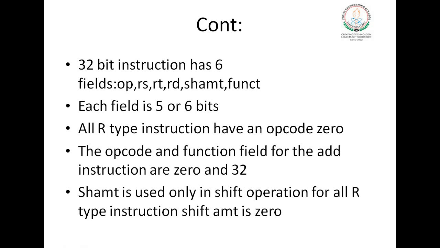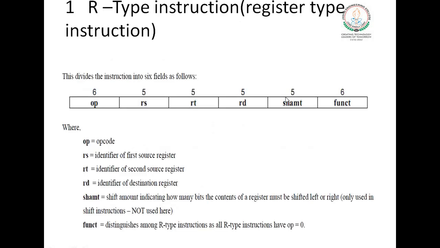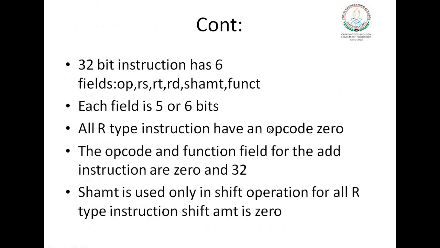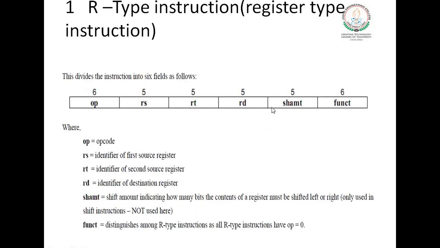The opcode and function field for the add instruction are 0 and 32. The opcode and function field for the sub instruction are 0 and 34. This is the shift amount field. Shift amount field is used only in shift operation.